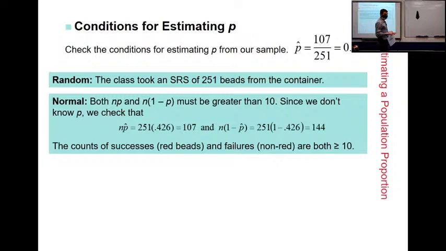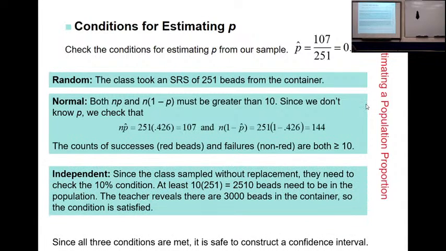So we can use an approximately normal distribution. And then independent, we take our sample size and multiply it by 10 and say, is the population larger than that? And I reveal that there are 3,000 beads in the container, which is greater than 10 times the sample size. Therefore, we can assume independence.